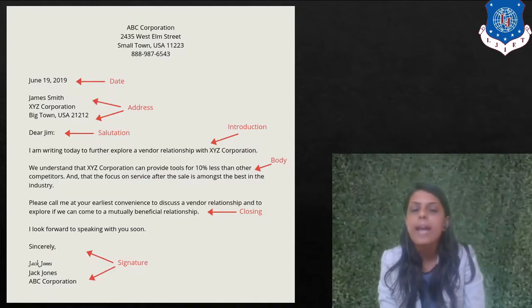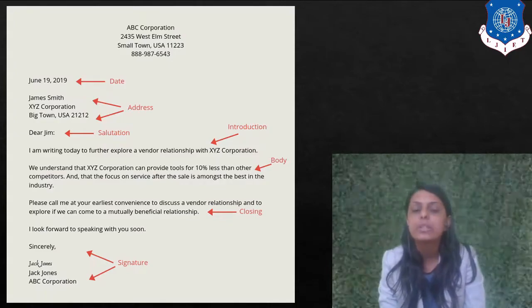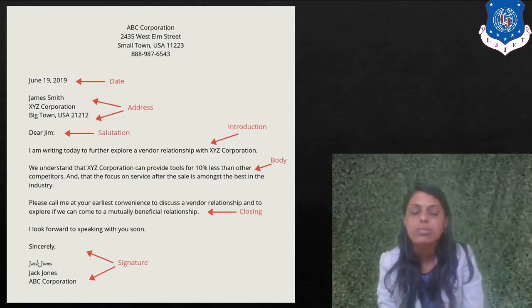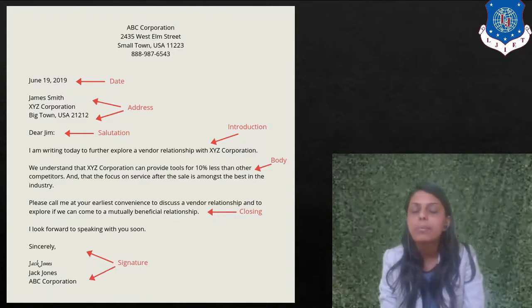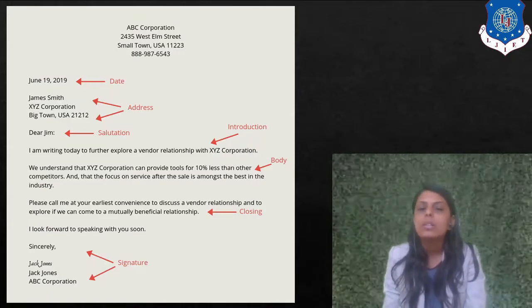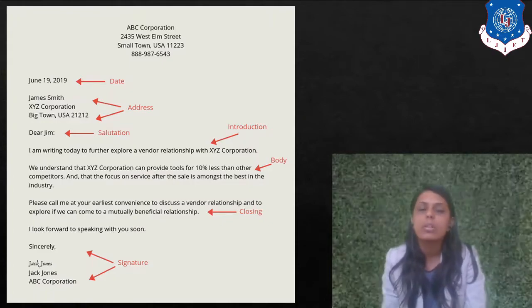The date writing style is fixed: June 19, 2019 or 19 June, 2019. Don't change the format, otherwise the letter will be completely wrong, right? Slashes between the numbers, dashes between the numbers, that is not allowed.